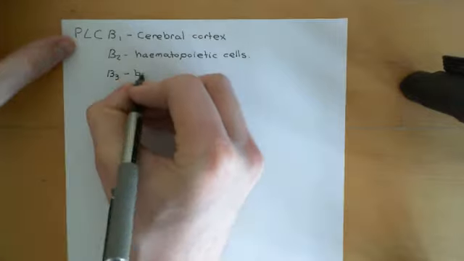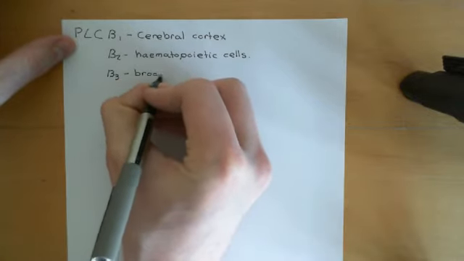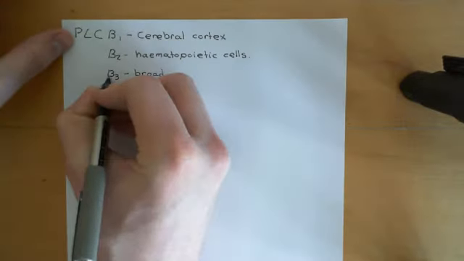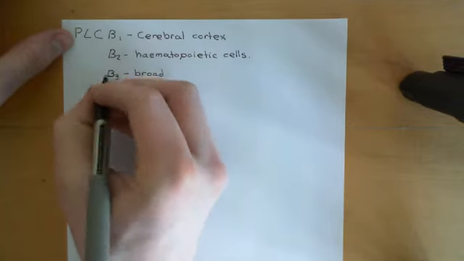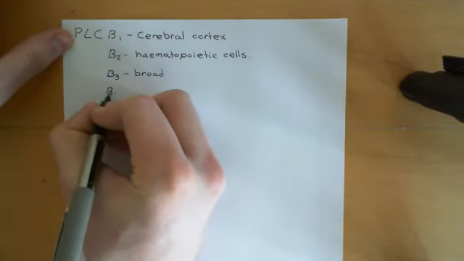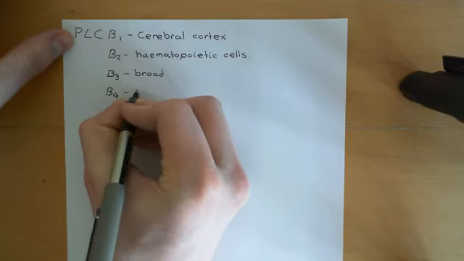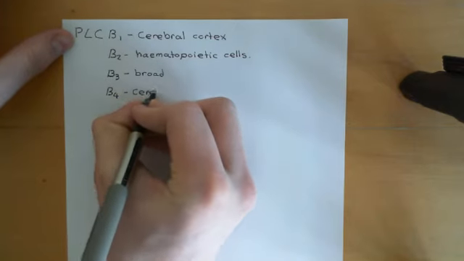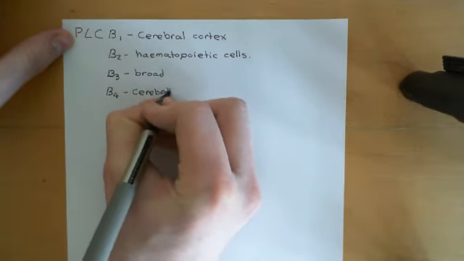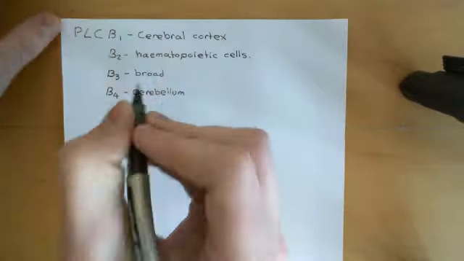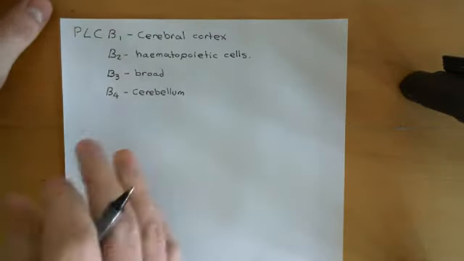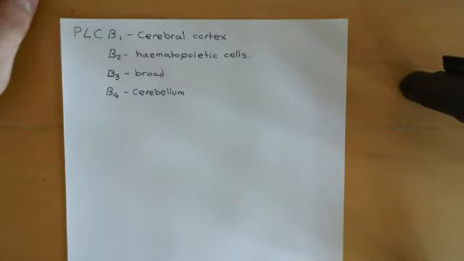It's found all over the place, basically, so loads of different cell types will have phospholipase C beta 3 expressed. And finally, phospholipase C beta 4 is mainly found in the cerebellum, the smaller portion of the brain that sits underneath the cerebral hemispheres. In the cells of that, you're going to find phospholipase C beta 4 expressed highly.